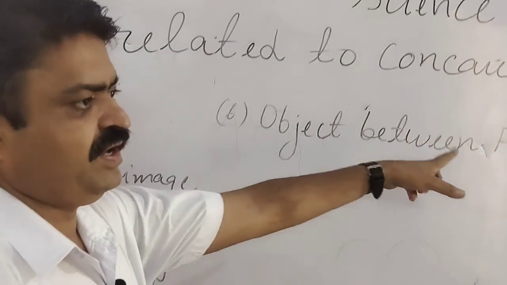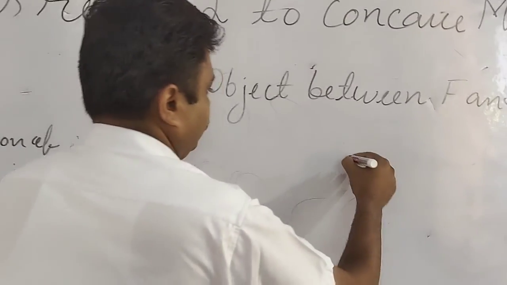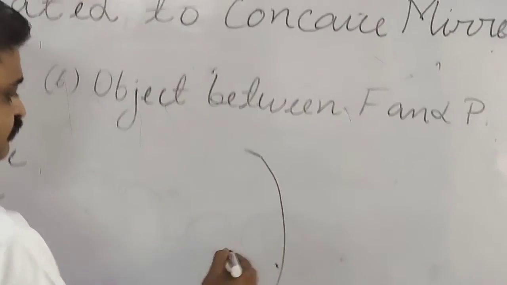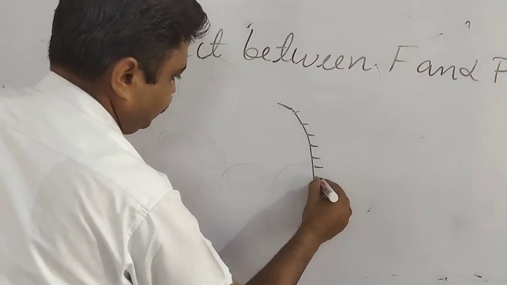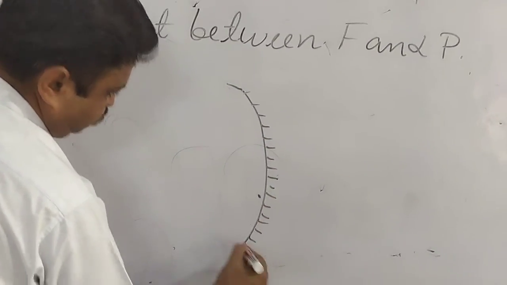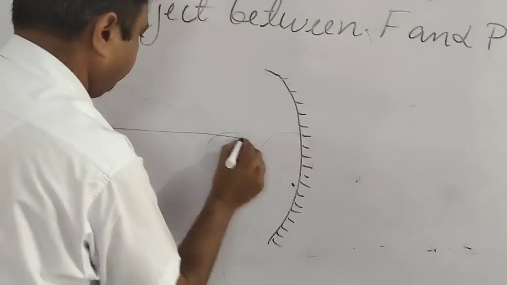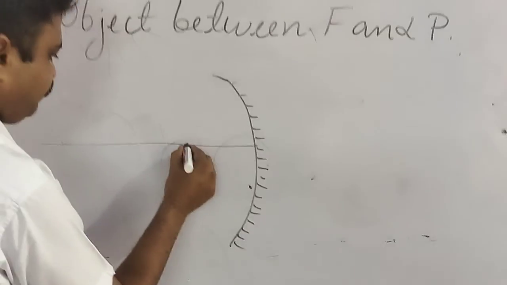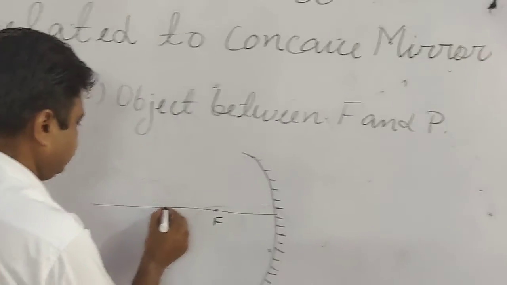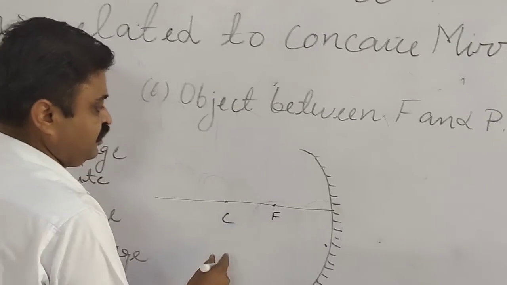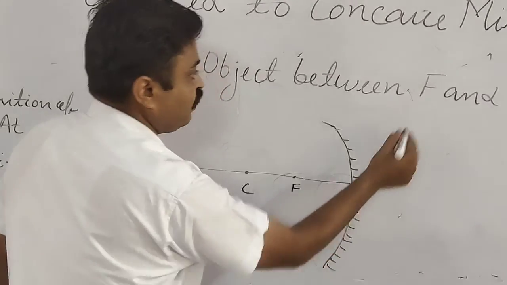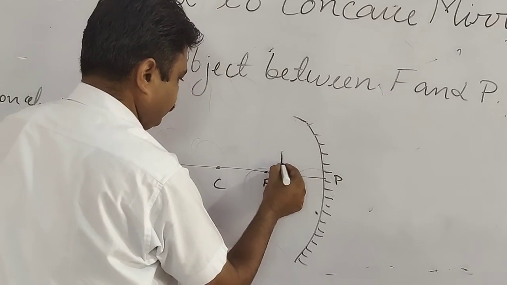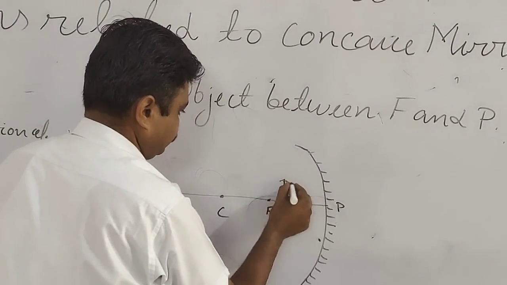Object between F and P. Here again we will draw the ray diagram. It is the concave mirror, and it is the principal axis, and it is the principal focus. It is the center of curvature. Now in this, the object is in between F and P. So the object will be here.